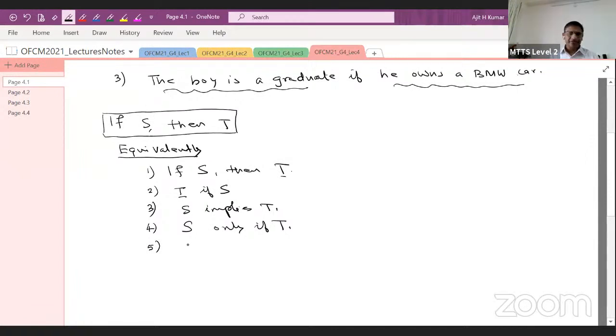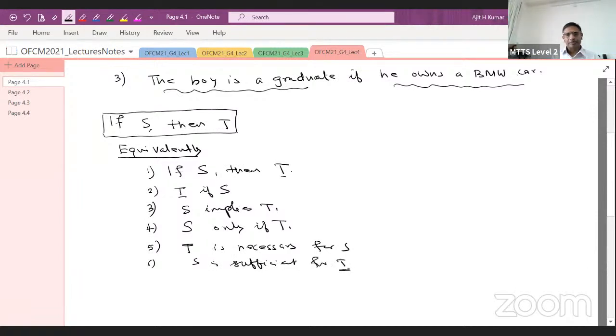So in this case, what is T? The apple is ripe. This is necessary for S. And the other way around, S is sufficient for T, right?